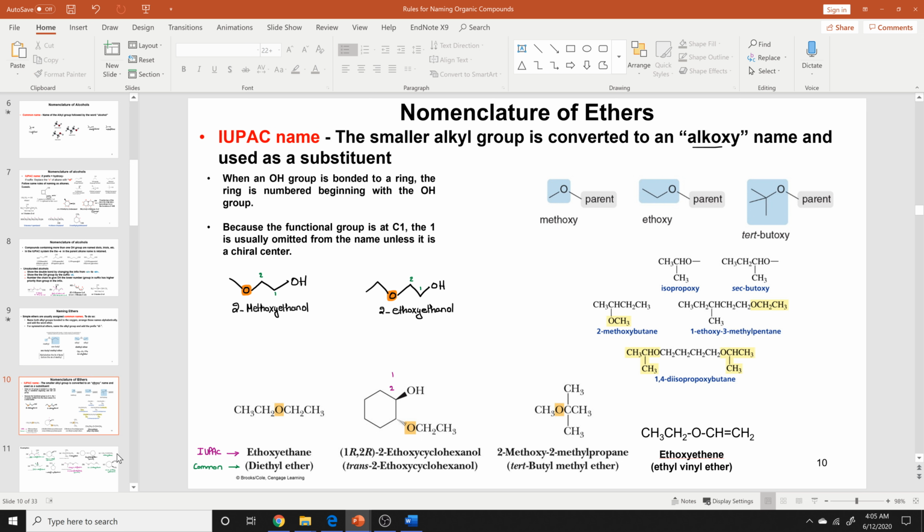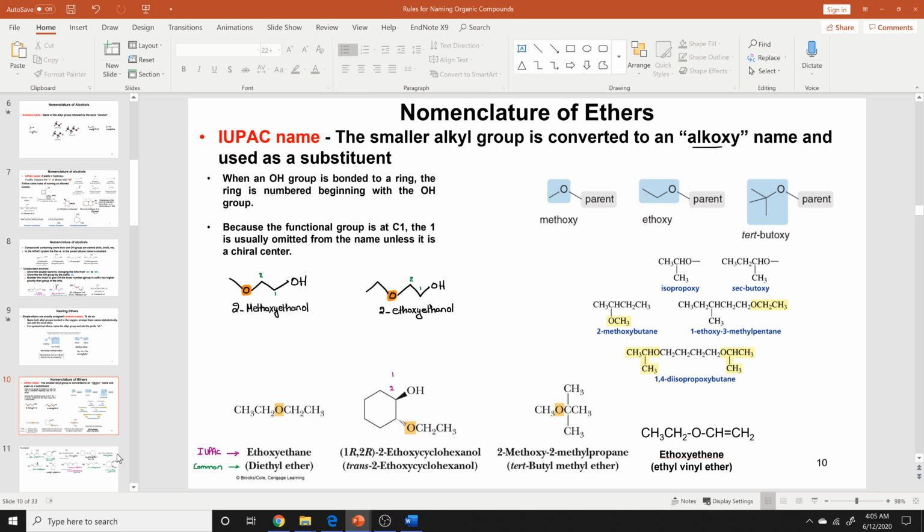The smaller alkyl group, which is here the OR, is the smaller one and this is the longer one. You just name the smaller alkyl group as an alkoxy substituent, so it can be methoxy, ethoxy, tert-butoxy, and so forth.